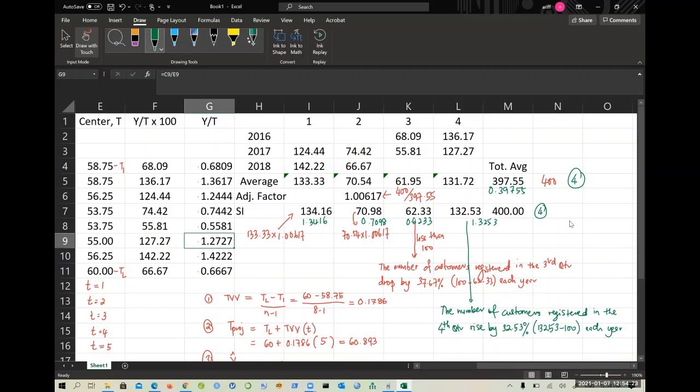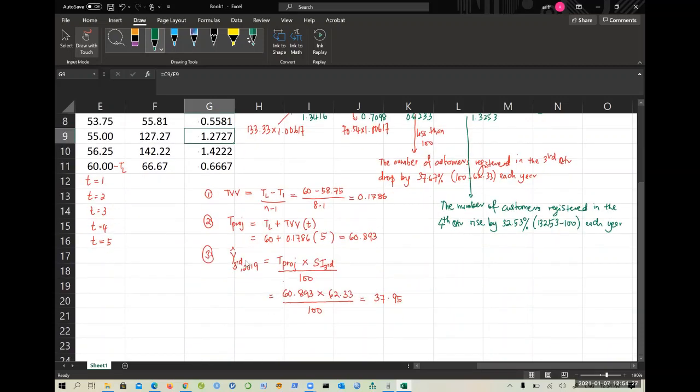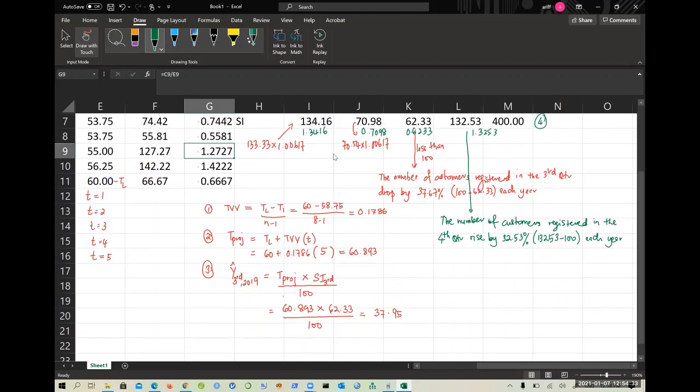So that is one thing. And then the other thing is that bila you darabkan dekat yang ni, kalau you dah gunakan you punya seasonal index ni dah dalam bentuk unit form, bukan dalam bentuk 100, so you punya y hat ni akan jadi just equal to the T projected multiply with seasonal index sahaja. Okay, dah tak ada yang bahagi dengan 100.